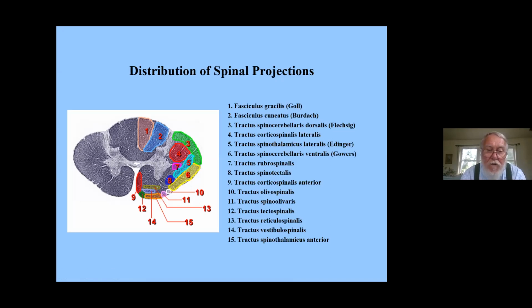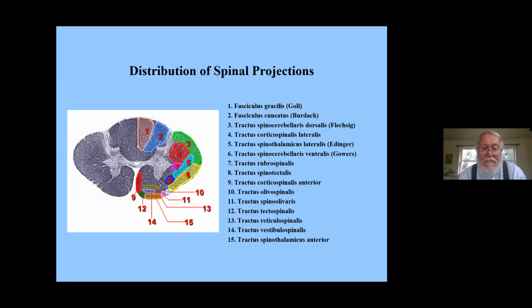So the lateral spinothalamic tract, number 5, and the anterior spinothalamic tract, number 15, are fibers carrying information from the dorsal horn, and they are now contralateral to where they originated, whereas the fasciculus gracilis and fasciculus cuneatus had fibers come directly in, and they haven't decussated yet, okay?